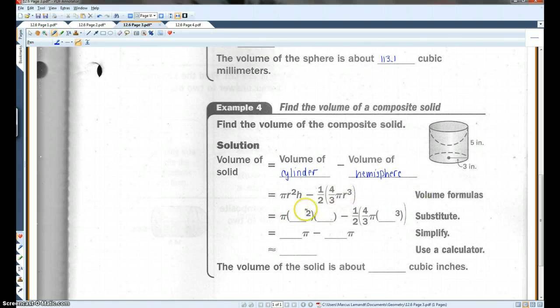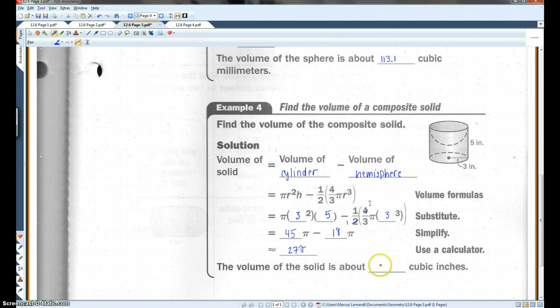The volume of the cylinder: r is 3, so I've got 3 squared, h is 5, minus 1/2 times 4/3 pi times r, which is 3, cubed. 3 squared is 9. 9 times 5 is 45. 3 cubed is 27. 27 divided by 3 is 9. 9 times 2 is 18. 45 minus 18 is 27 pi.